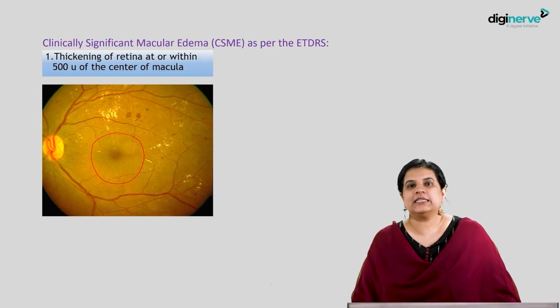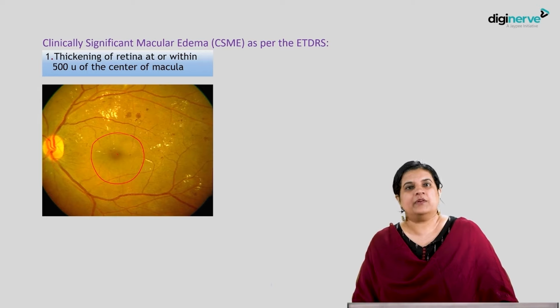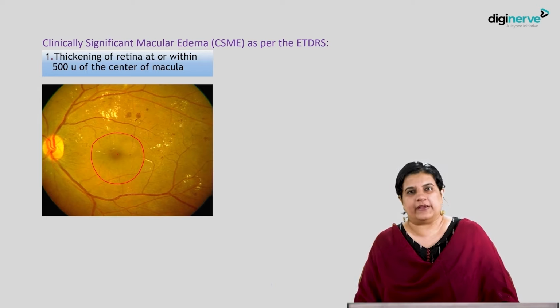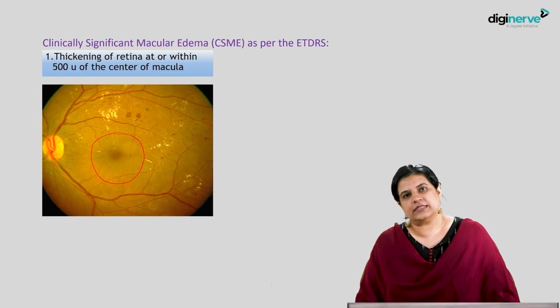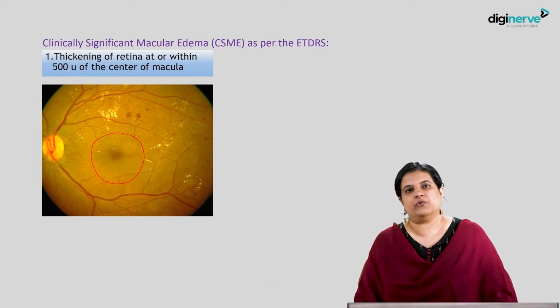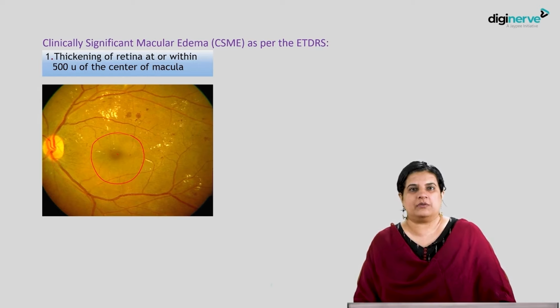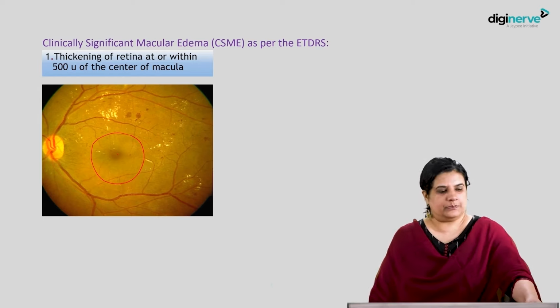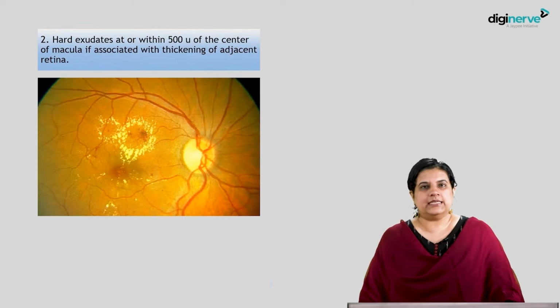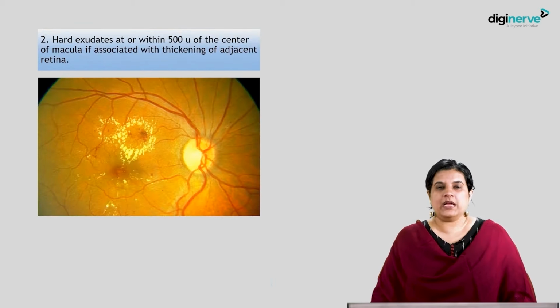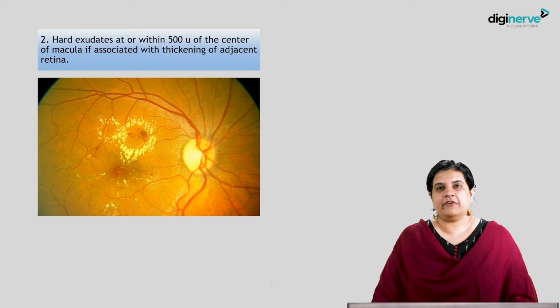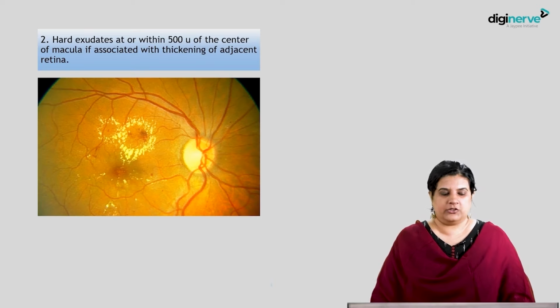Now, when you see it under a slit lamp, because of stereoscopic examination, you will be able to make out the thickening. If the slit lamp is not able to give you a clear-cut idea, then an imaging modality like OCT of the macula can clear the doubts. The second criterion is that there would be hard exudates at or within 500 microns of the center of the macula if associated with thickening of adjacent retina.